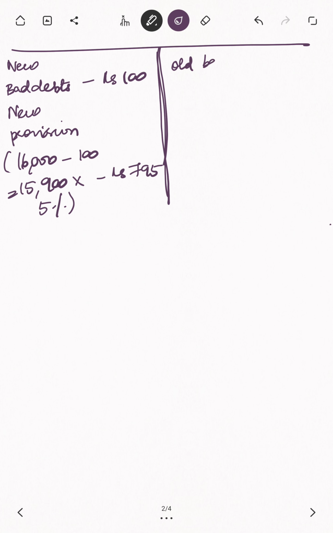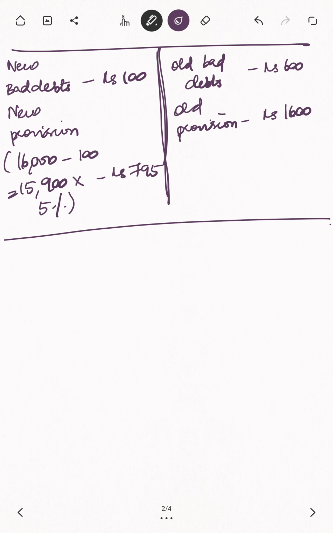Then old ones means which are already recorded in the books of account, but you need them for reference, which is 600 rupees, and old provision, which is 1600. Now what I'm going to do is put two teams, okay?